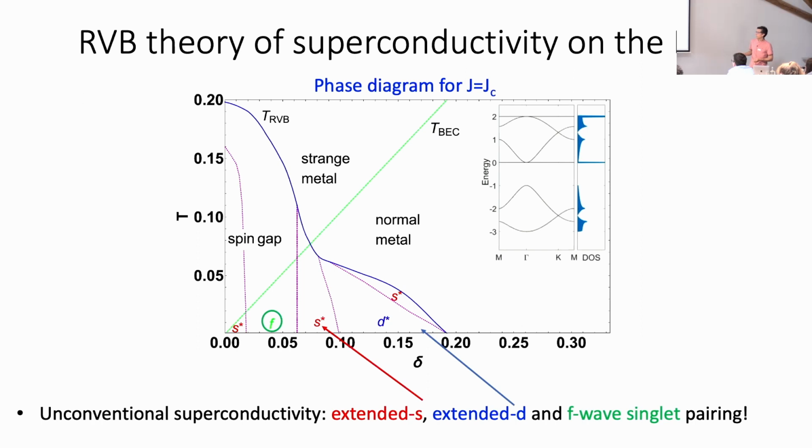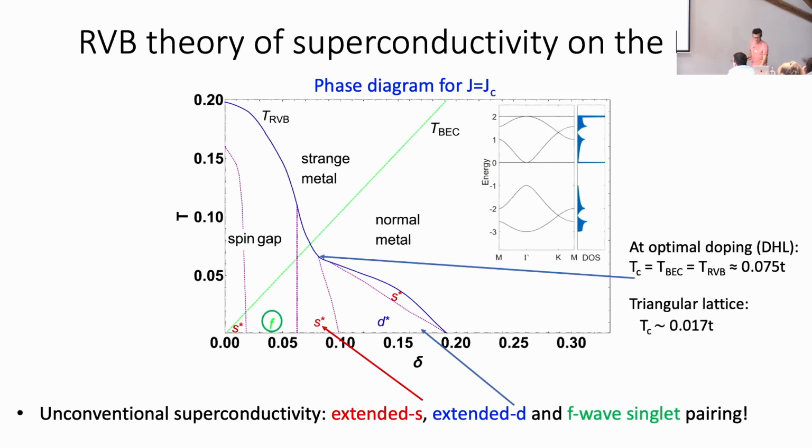So as a function of the doping and temperature, there is a region around here where we have different types of superconducting states, ranging from extended S, extended D, and the most, let's say, unconventional, this F-wave singlet pairing.